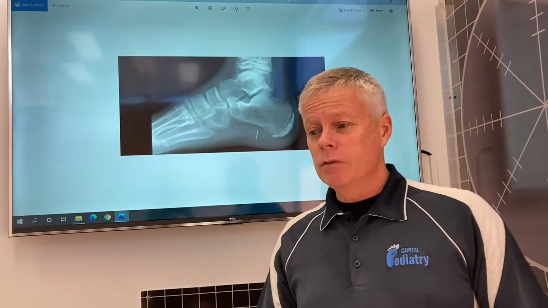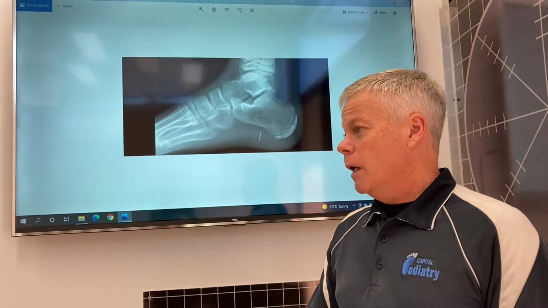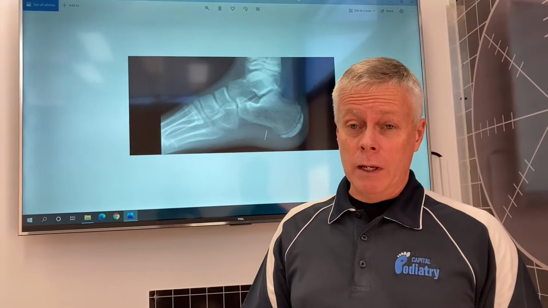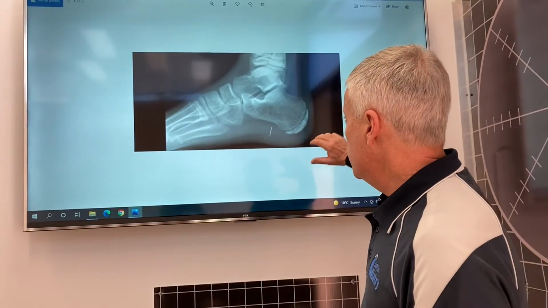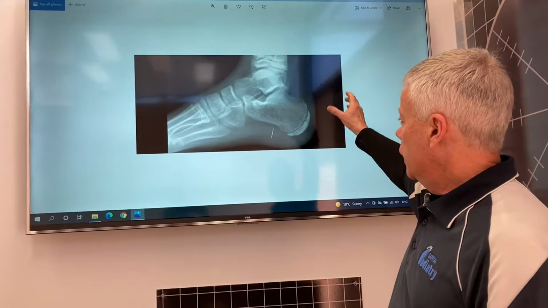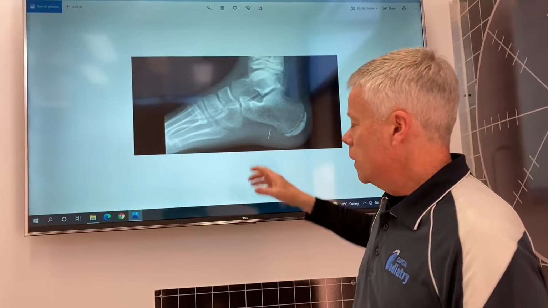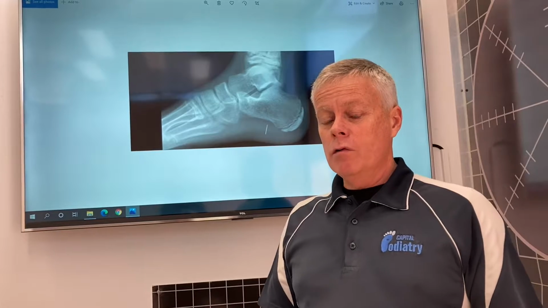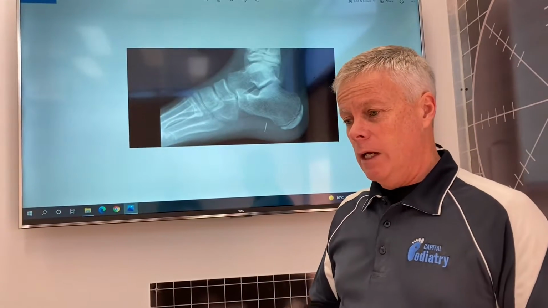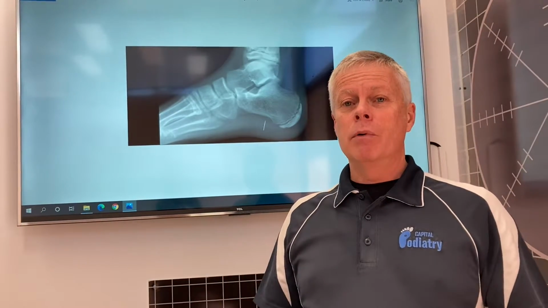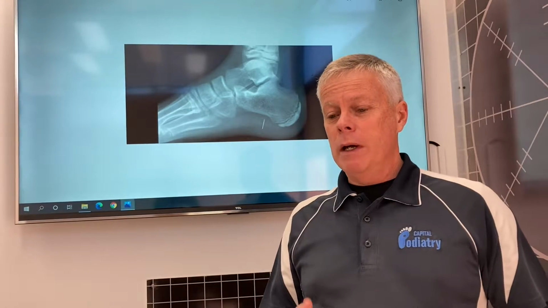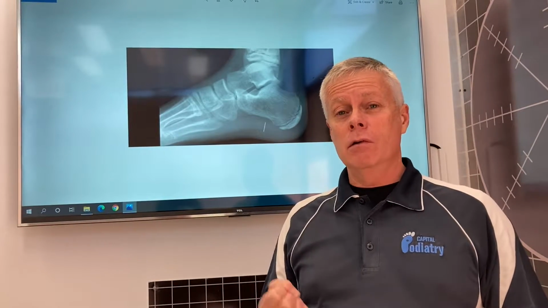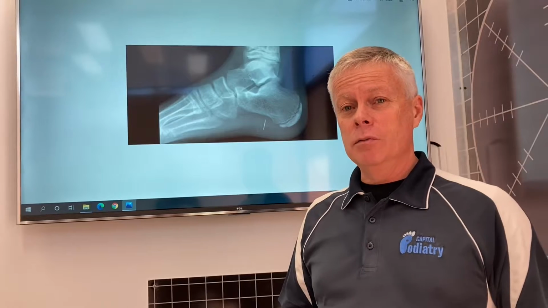Now, Calcaneopolisitis is essentially an inflammation of the growth plate in the heel. So what you have here is an x-ray of a pediatric foot. As we're growing, all of our bones grow from areas called growth plates. And that's where the ossification process happens, where the spongy cartilaginous bone starts turning into hard osseous bone.